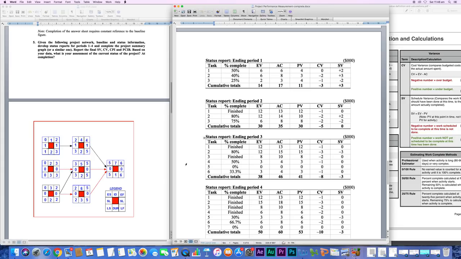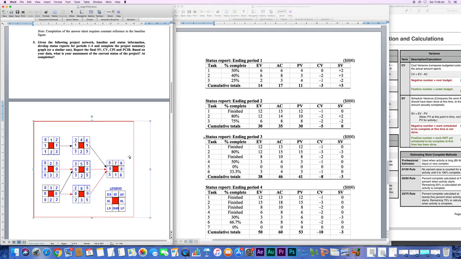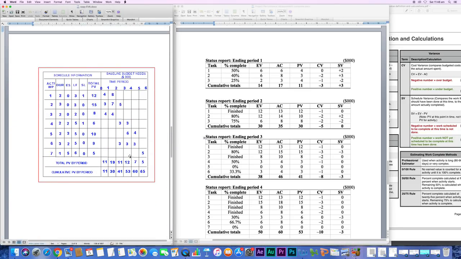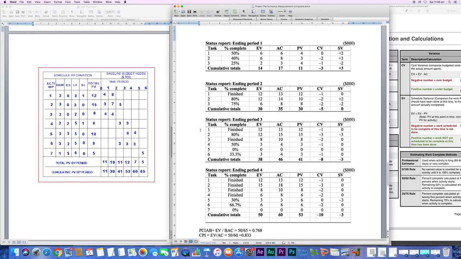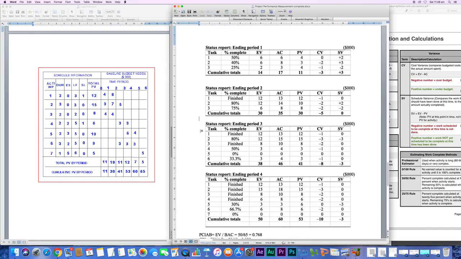Let's continue. I'll just go to this baseline so we can see it, because we have to revert to it all the time. And now you've got 4 status reports for 4 periods that you're reporting on. You wouldn't be reporting on 4 periods at the same time.